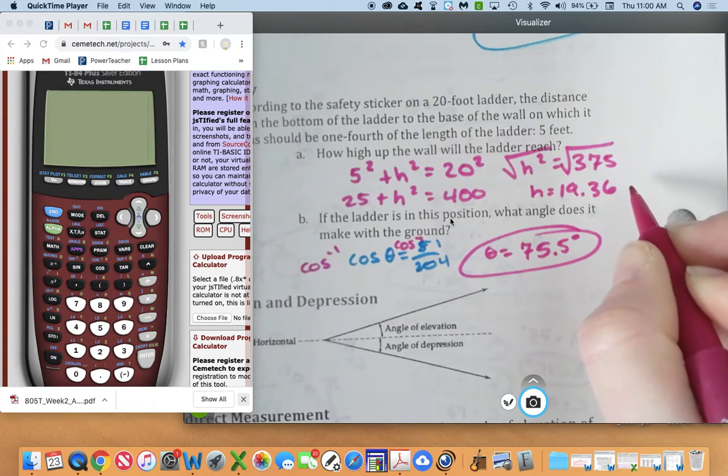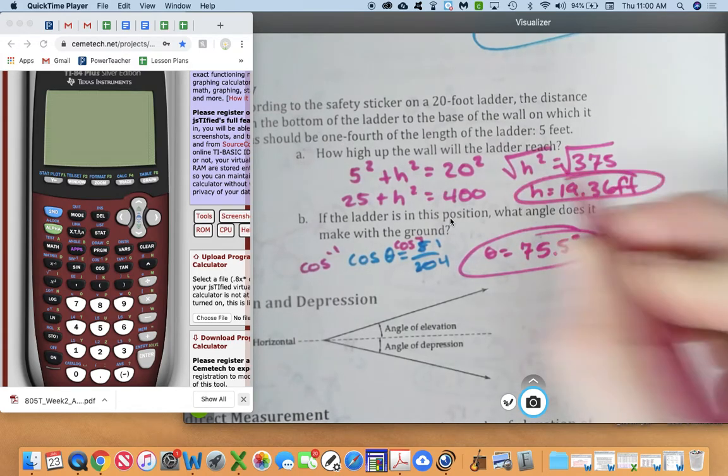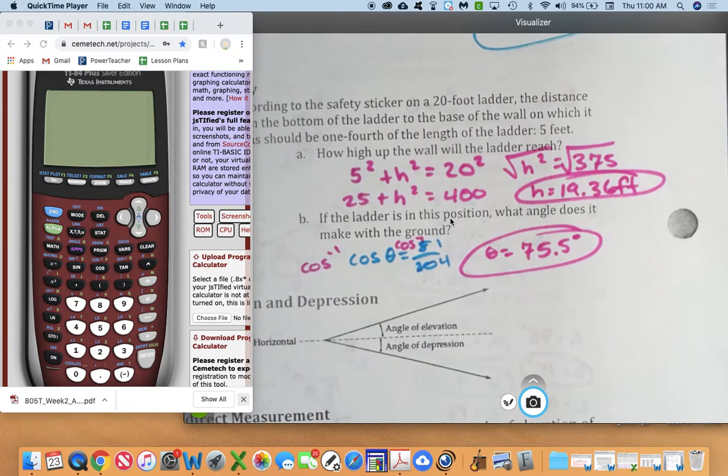Feet. Feet high. Yeah? Feet, degrees. What? Mrs. K, he's got a point. It's not in degrees. That's not in degrees.